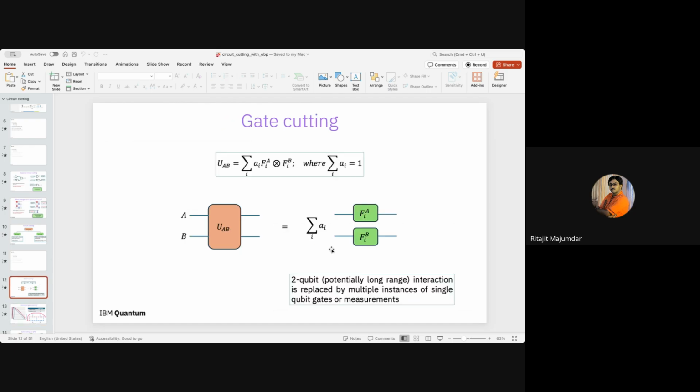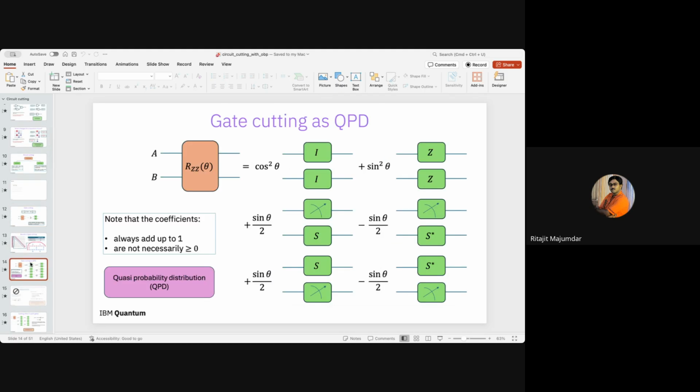So it would be really good if I could replace this 2-qubit gate with single qubit gates. But in general, you can show mathematically that there are 2-qubit gates where just replacing it with a single qubit gate is not possible. What is possible is doing multiple iterations of this.